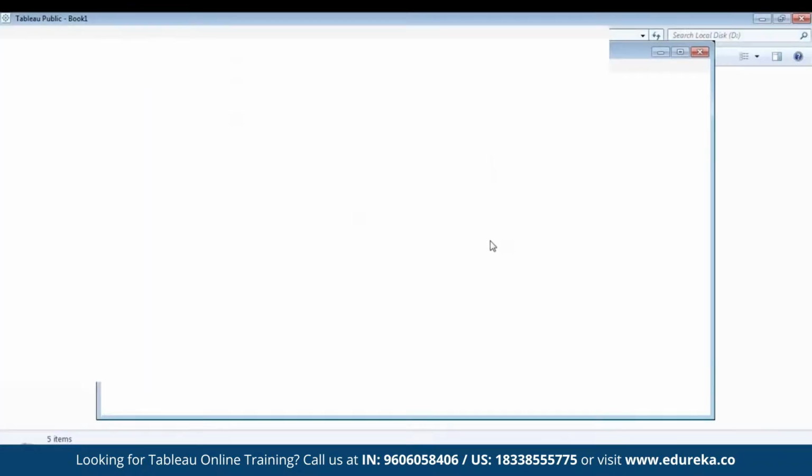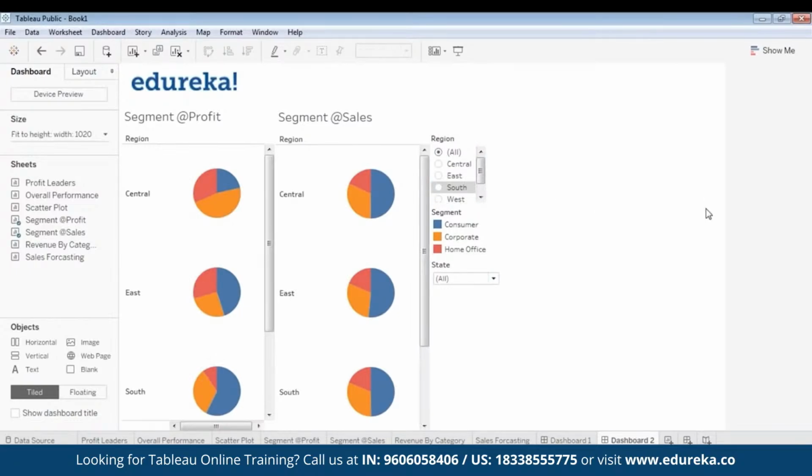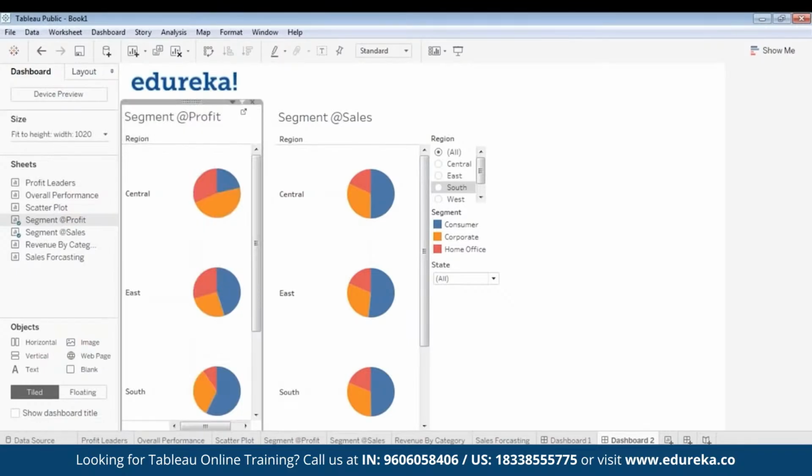So this is also there now. Now let's add our revenue by category also, right? What we can do is make some more space for revenue by category.